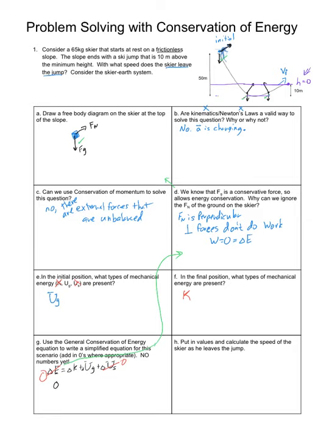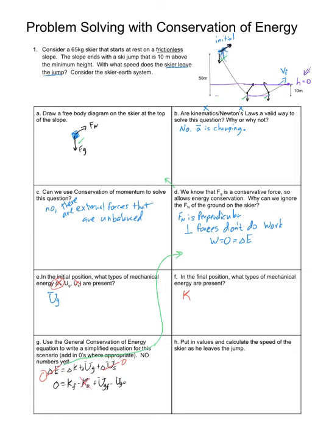We can say that 0 is equal to, and then the change is always final minus initial, kinetic final minus kinetic initial plus gravitational final minus gravitational initial. And so we can go ahead and cancel out the things that are 0. We know initially there's no kinetic energy, so we'll take out the kinetic initial.